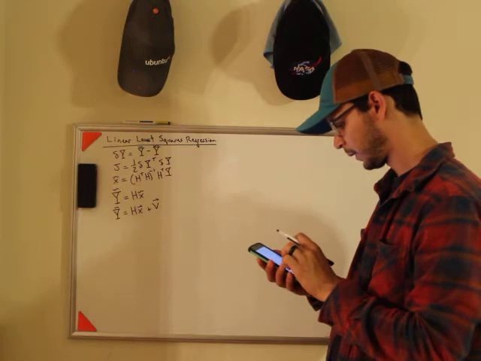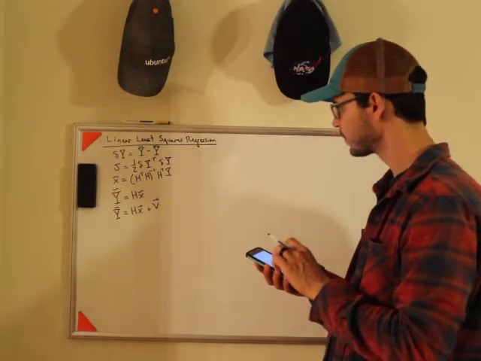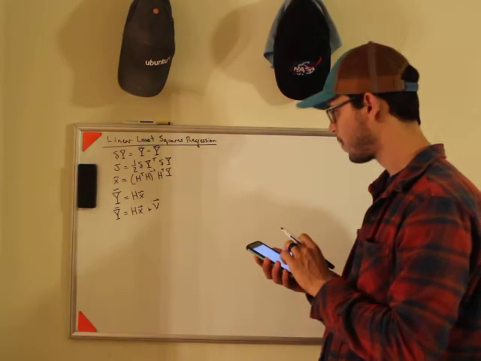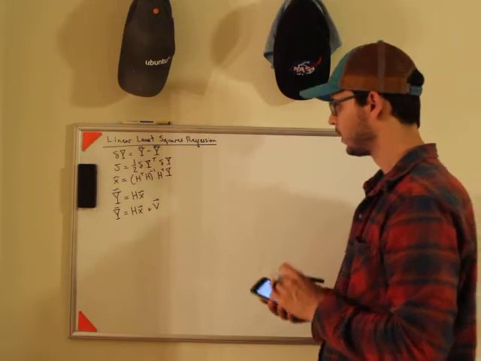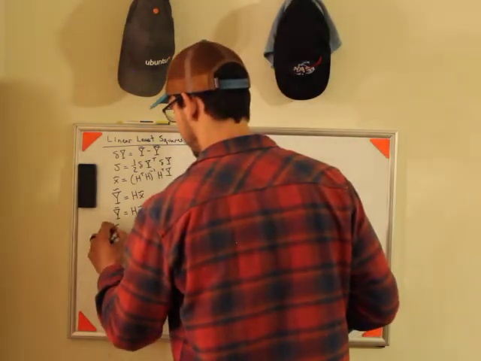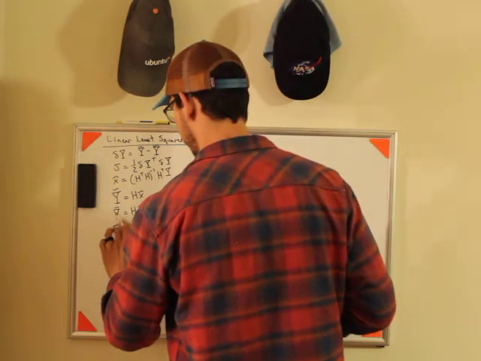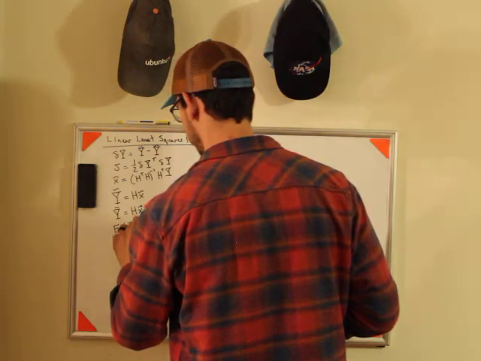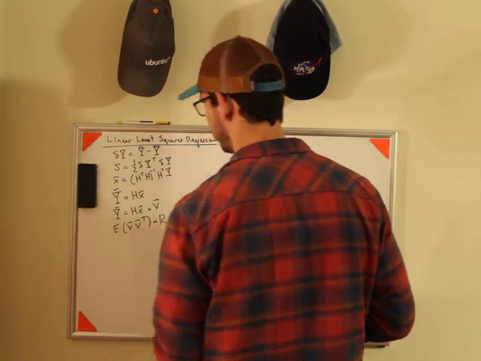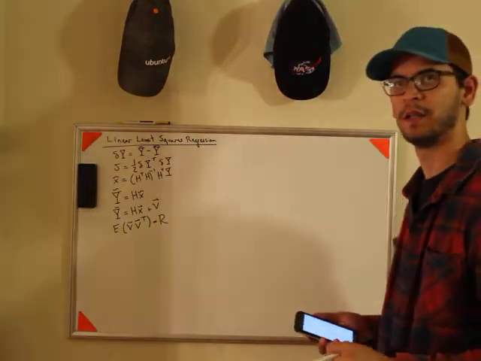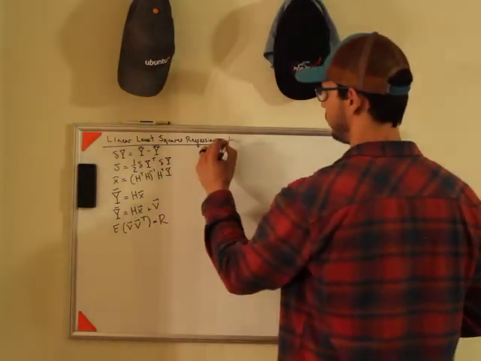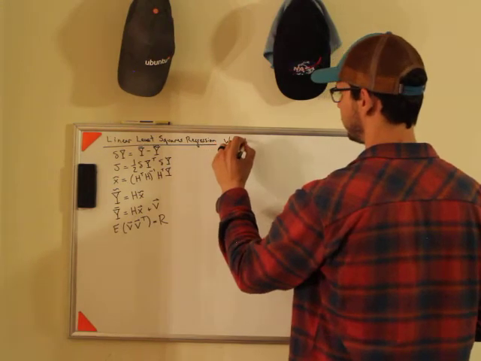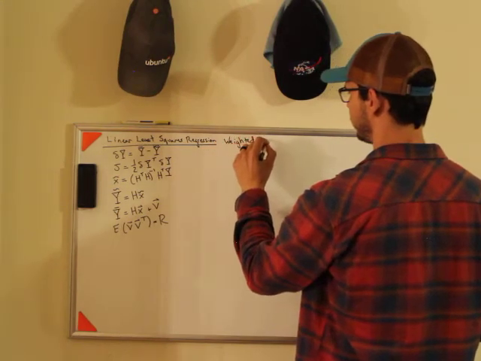Okay? Now, we also assume that the expectation of V V transpose is equal to R, some matrix R. Okay? We then get into weighted least squares regression.